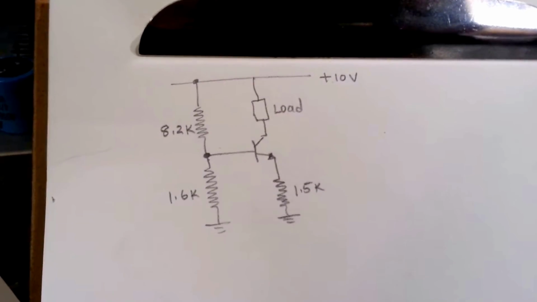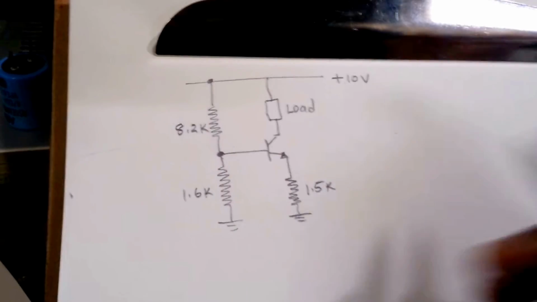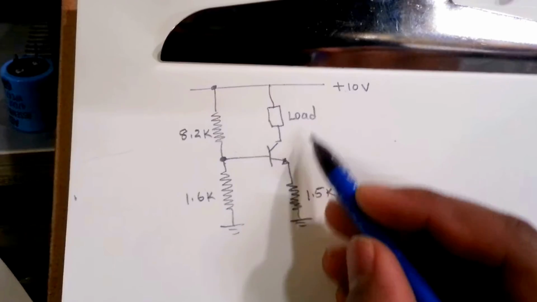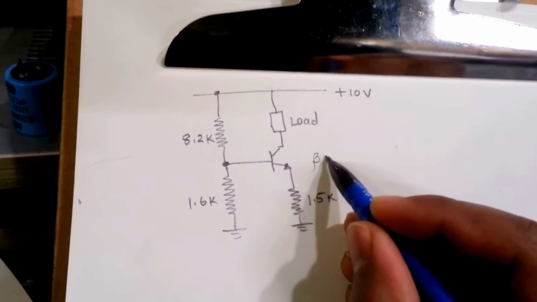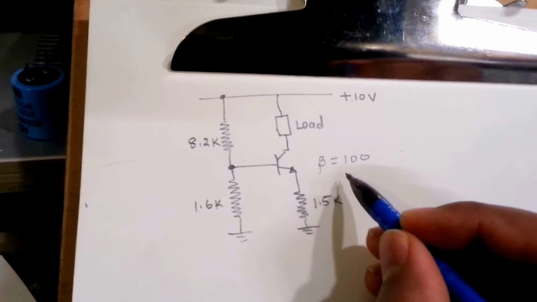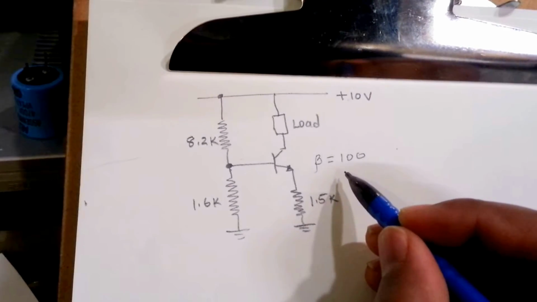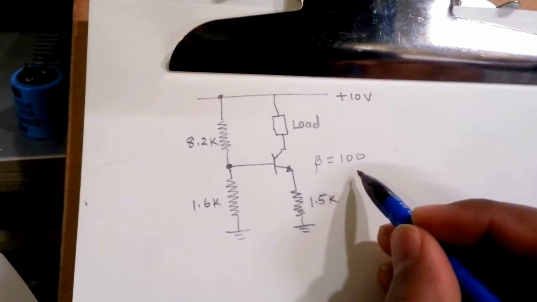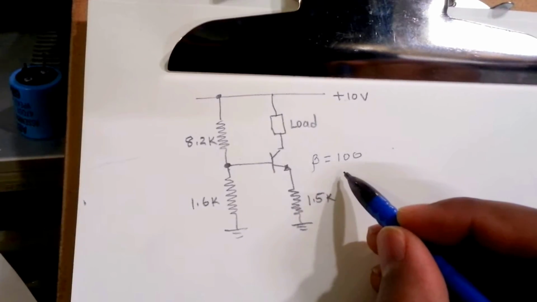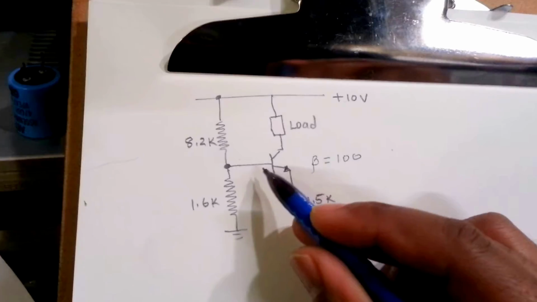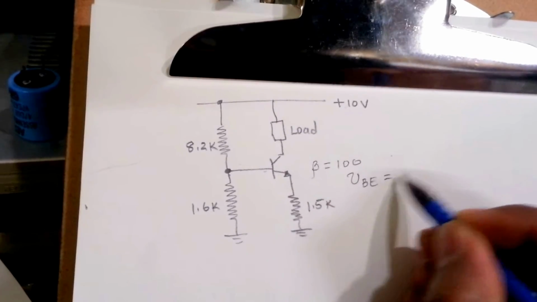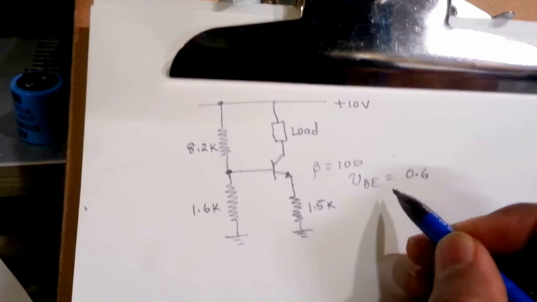So here is the setup. The load as shown is here, and there's a transistor, and the given beta for the transistor is 100. Also, the VBE drop of the transistor is given as 0.6 in the question.